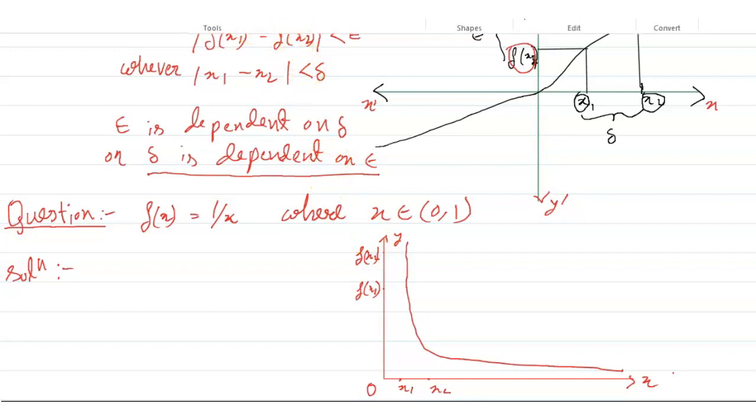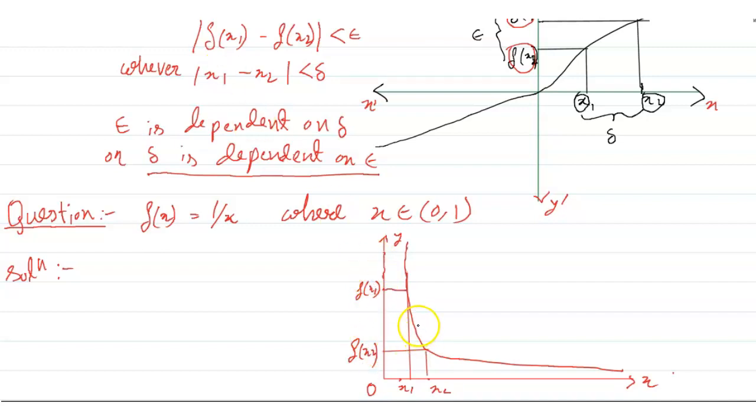So friends, this is f(x1) and this is f(x2). You will see that this distance is epsilon and this distance is delta.